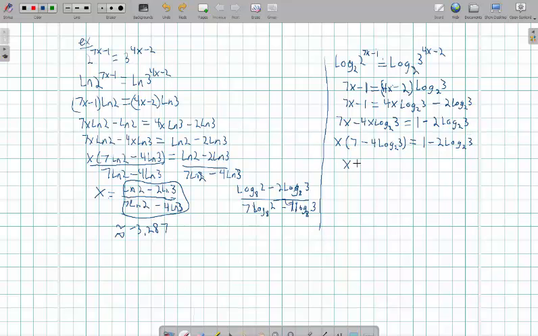And divide out. 1 minus 2 log base 2 of 3 over 7 minus 4 log base 2 of 3.